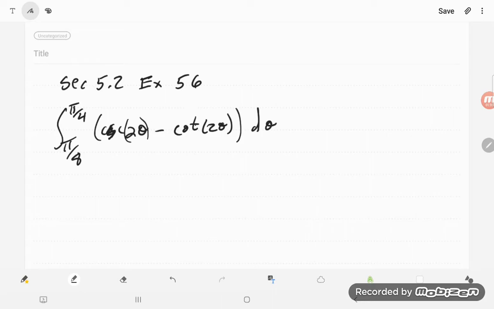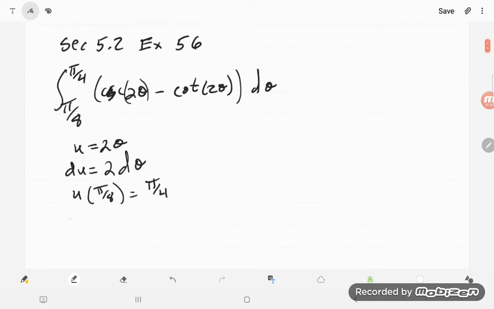But we know we can look up these antiderivatives, so I'm just going to make my substitution of u equal 2 theta and du equal 2 d theta, and then u of pi over 8 is pi over 4, and u of pi over 4 is pi over 2.